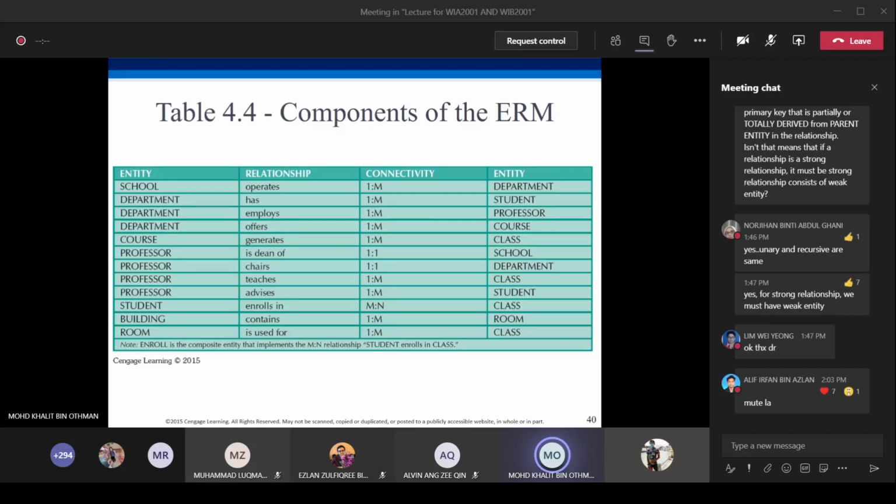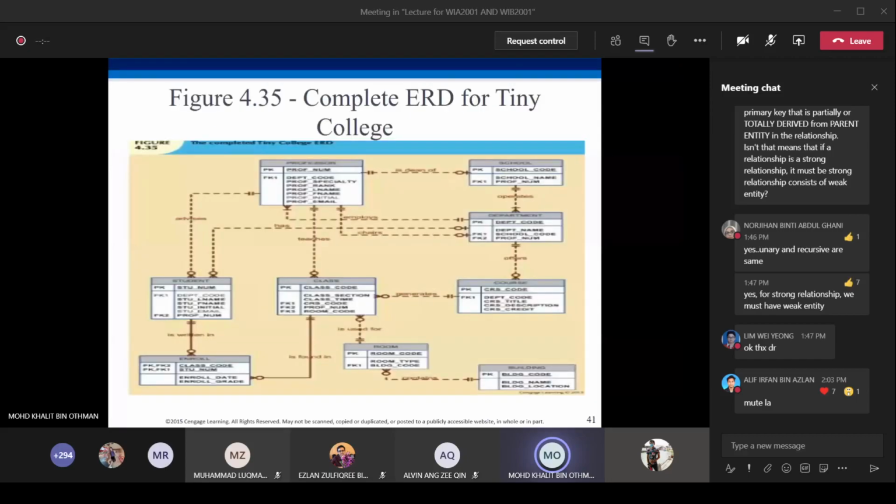Relationship has, and then the connectivity 1 to M. And then department employs professor with the connectivity 1 to M, and so on. Okay. This is the overall complete ERD for Tiny College.